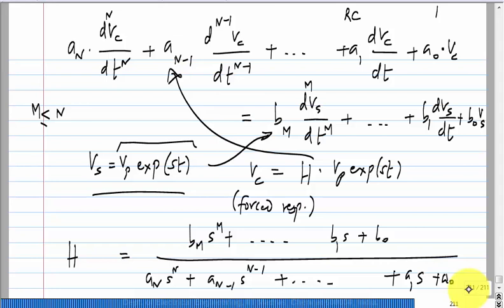Because the forced response, we showed it explicitly for a first order system, but you do know that just like an nth order polynomial can be written as a product of n first order polynomials, you can do the same for differential equations. You can have a first order differential equation, and the output of that goes to another first order differential equation and so on.